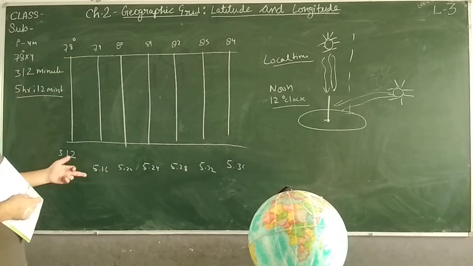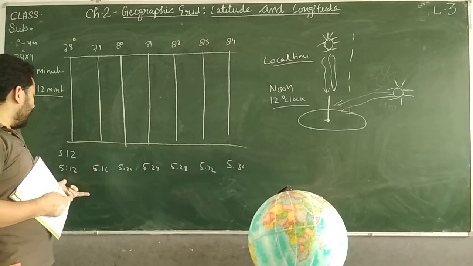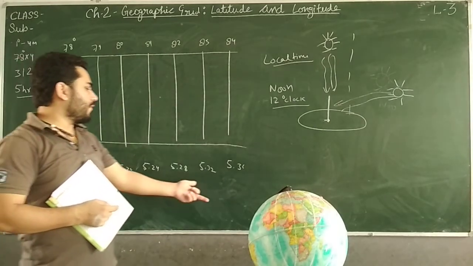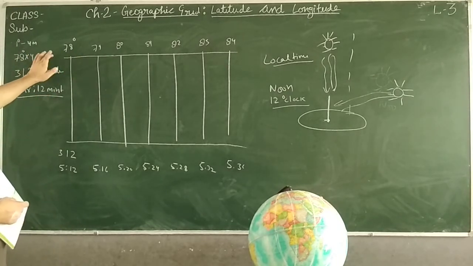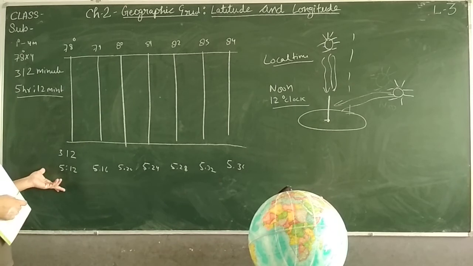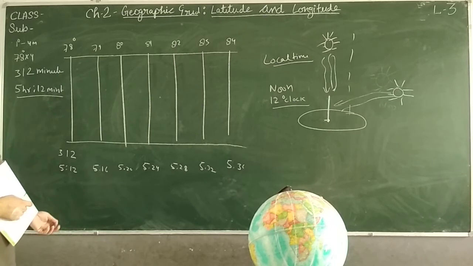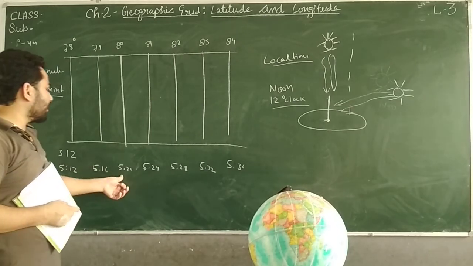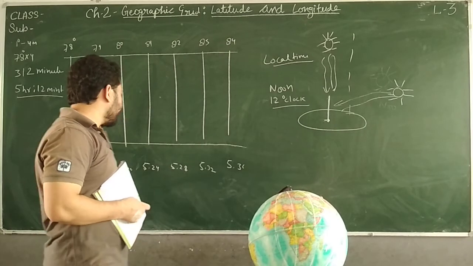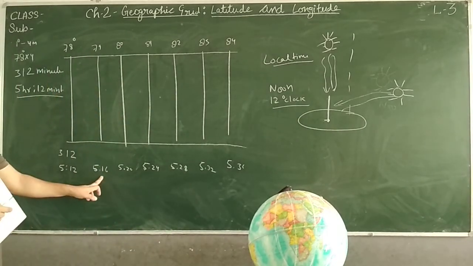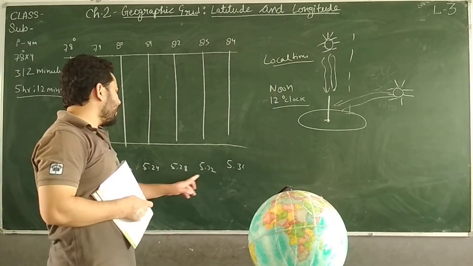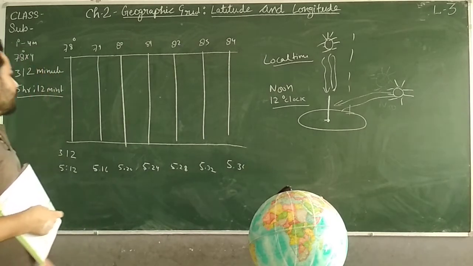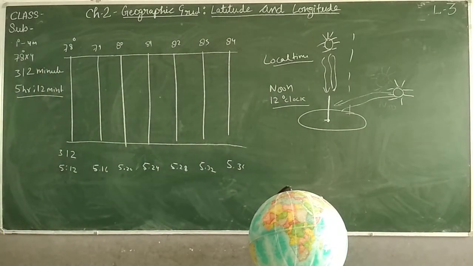So 312 plus 4 will be 316, 320, 324, 328, 332, 336. We have first calculated 78 degree, 312 minutes, which means 5 hours 12 minutes, then 5:16, 5:20, 5:24, 5:28, 5:32, half past 5. Like this we calculate the time.